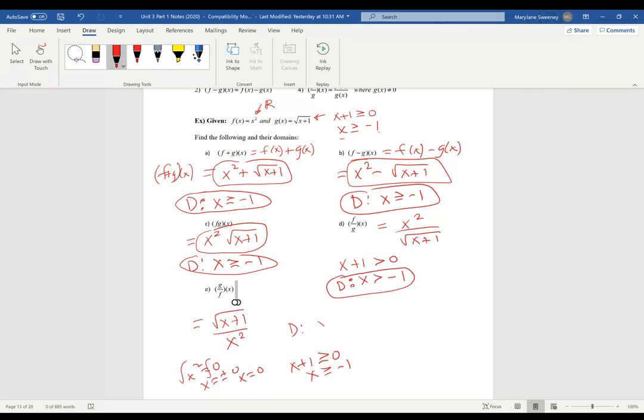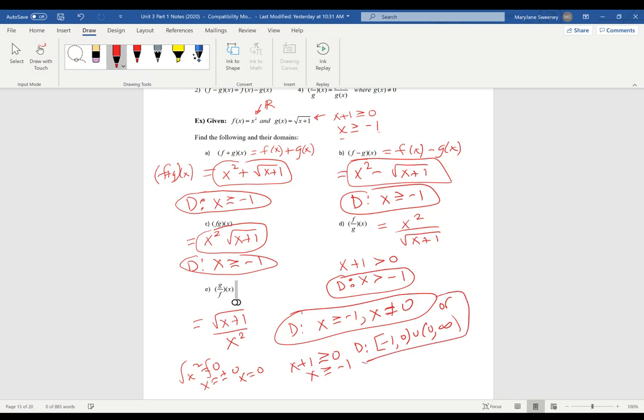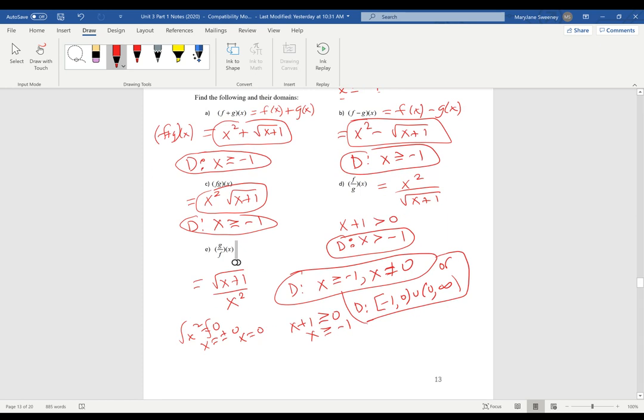So my domain, I could say x has to be greater than or equal to negative 1, comma, x cannot be 0, because that would make the bottom of the fraction 0. Or you could say, hard bracket, negative 1 to 0, 0 to infinity. So basically, greater than negative 1, but you have to take 0 out of there.